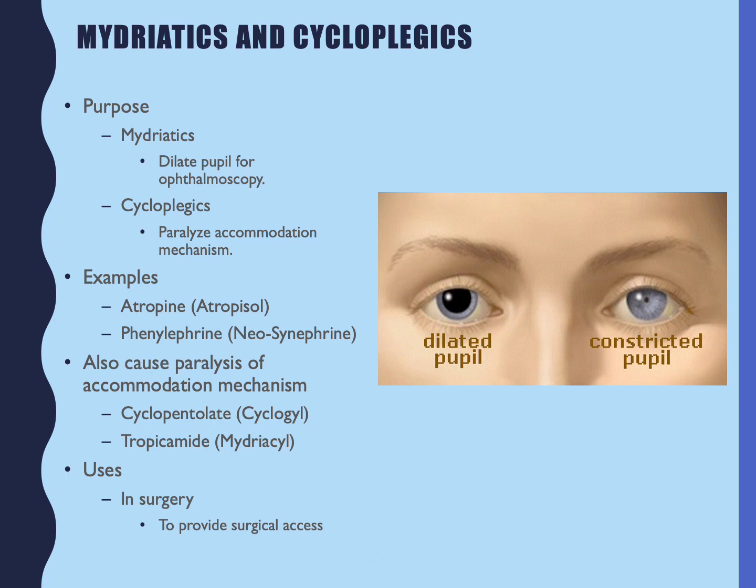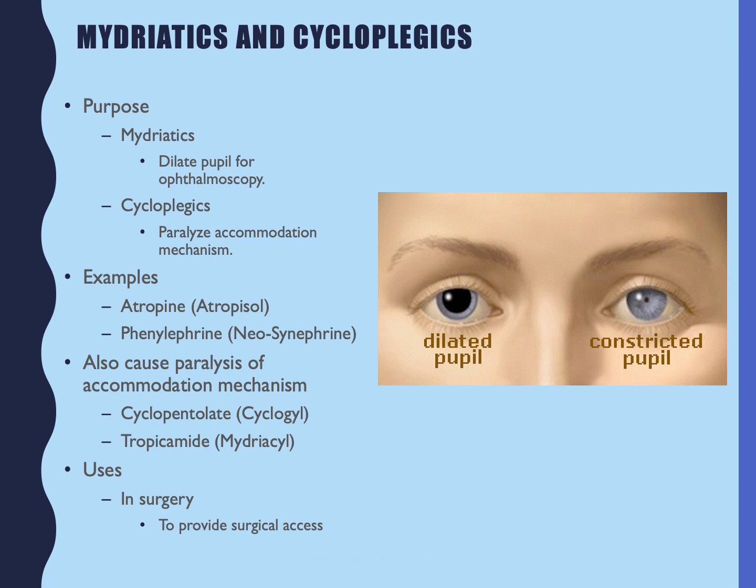Some examples include atropine and phenylephrine. Cycloplegics, remember, are those that cause paralysis of the accommodation mechanism. Some examples of those include cyclopentolate and tropicamide.